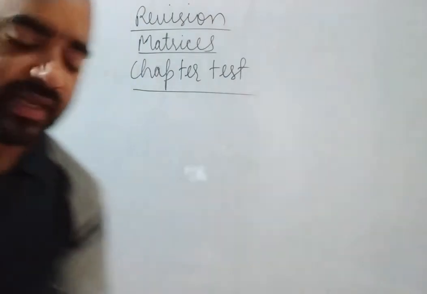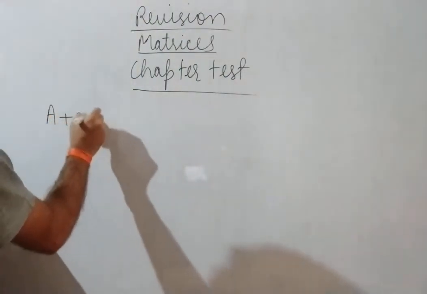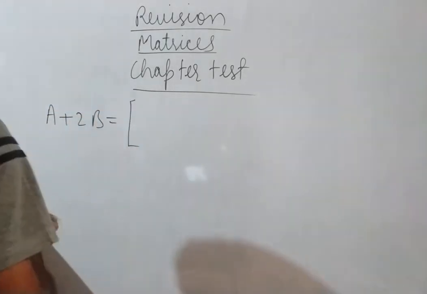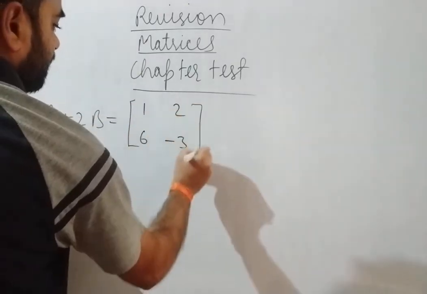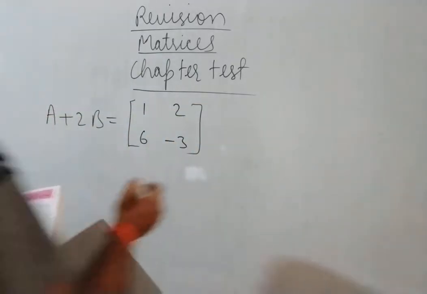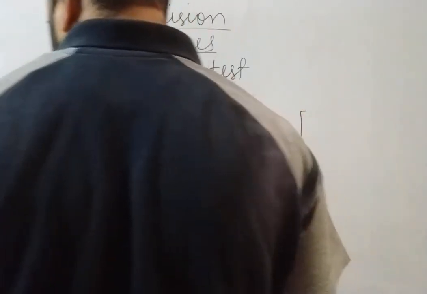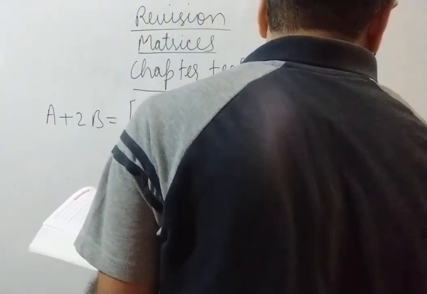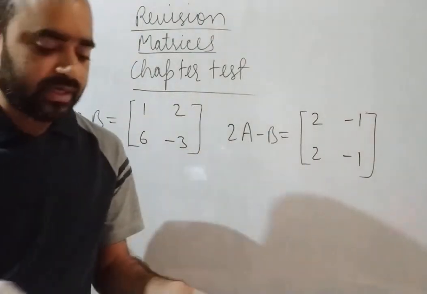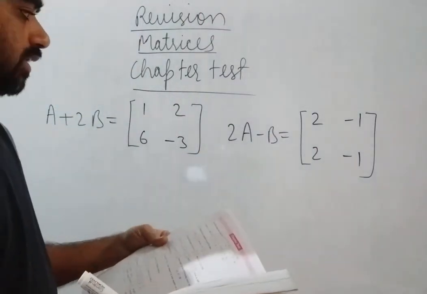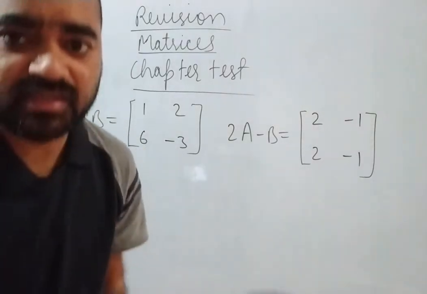Determine the matrices A and B when the first equation is given: A plus 2B is equal to [1, 2; 6, minus 3], and the second equation is 2A minus B is equal to [2, 2; minus 1, minus 1]. So these are the two equations, A plus 2B and 2A minus B. Okay, we have to find the matrices A and B.